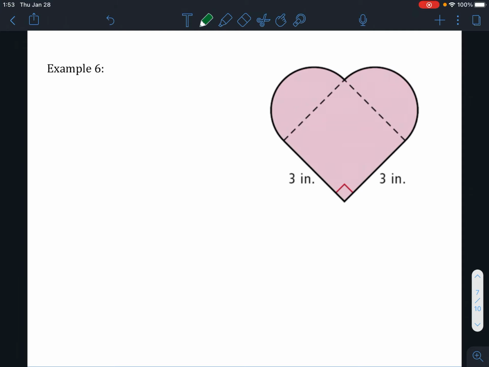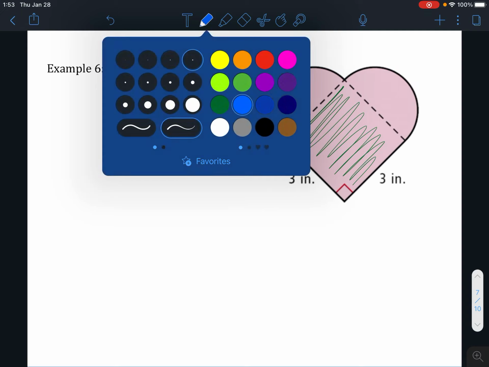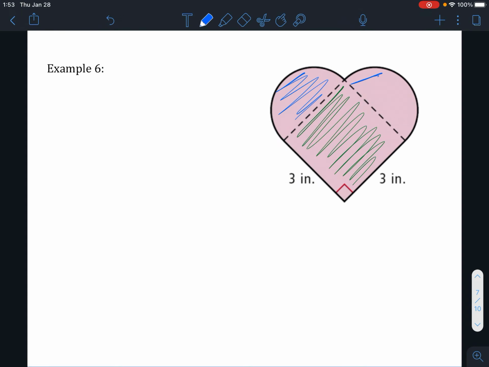Example 6. This is a tougher one to see, but hopefully you look at this and you see two shapes. We see a square right here, and then if you were to add these two pieces together, you would see a full circle. All right? A full circle whose diameter is 3. Well, the area of the square, that's nice and simple. It's just 3 squared, which is 9.